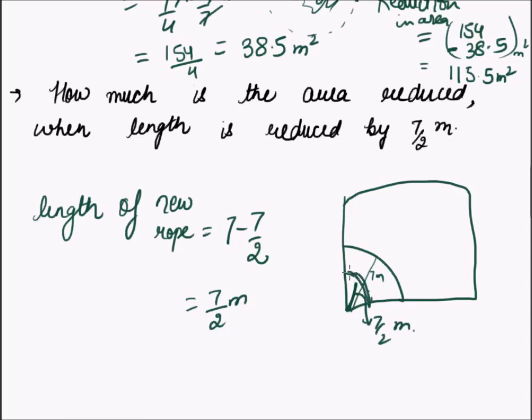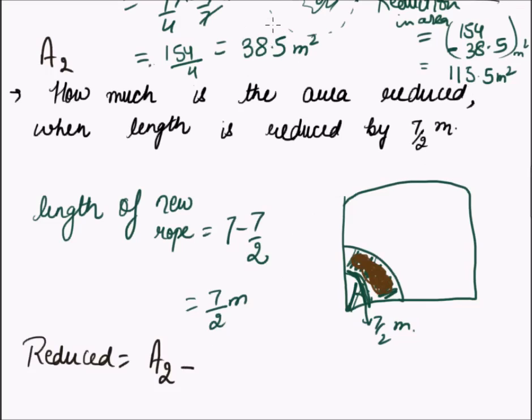So the reduction in area will be this area. Now this brown portion is, say, the area calculated in the second part, A2.